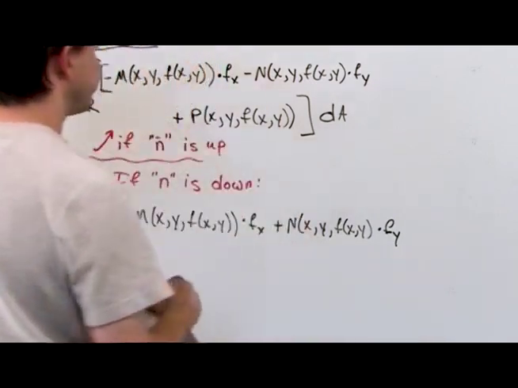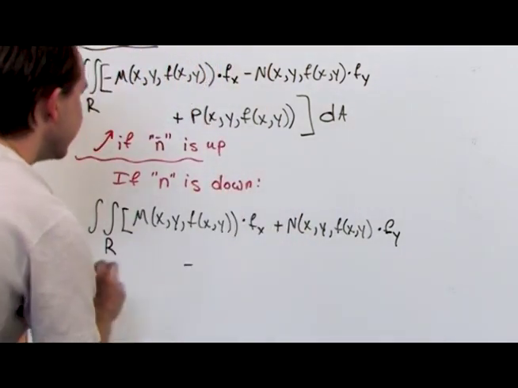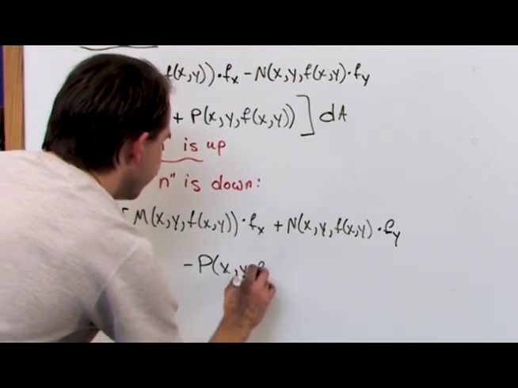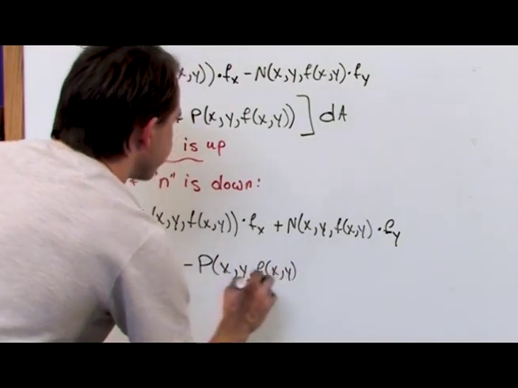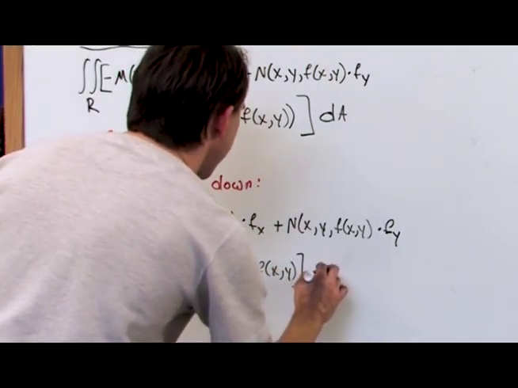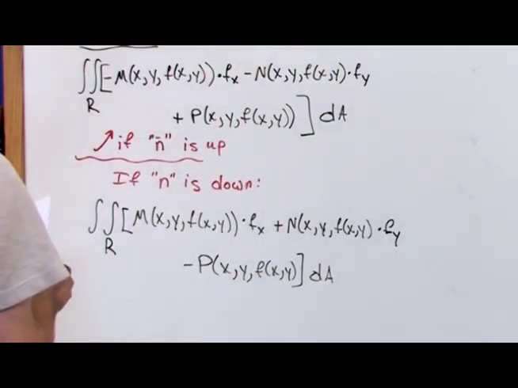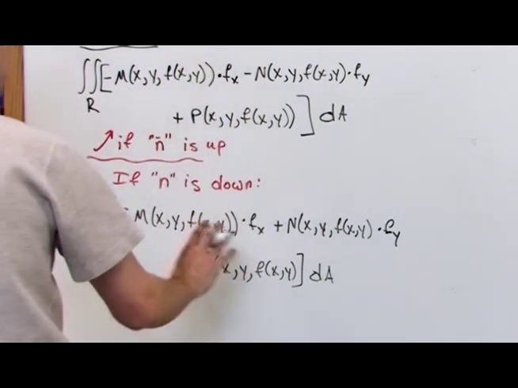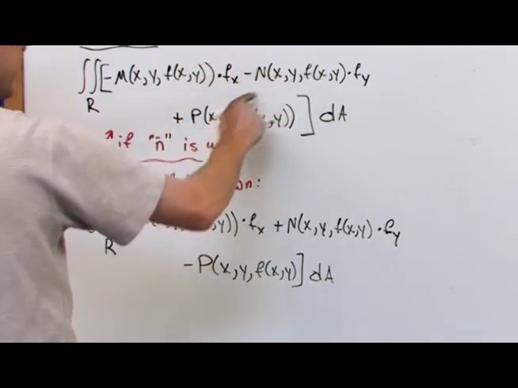Okay, and then minus p of x comma y comma f of x comma y, which is really not multiplied by anything, and you're going to have dA. So you're doing integration over in the plane there, with m, n, and p. And notice that these two things look almost exactly the same. This is the negative of this.